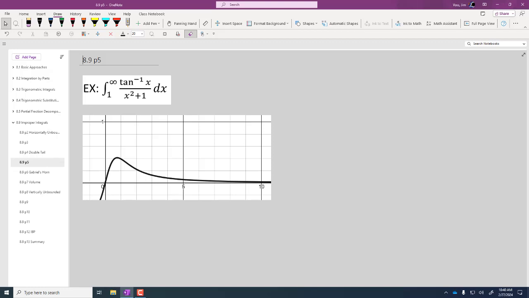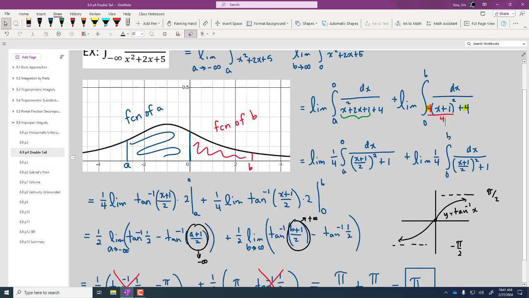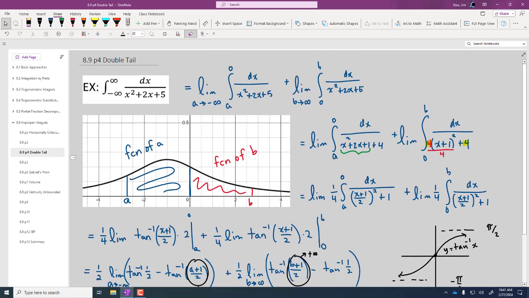Now, let me make one comment before starting this one. When we go back to this double tail one, we certainly can look at the graph, but let's think about the nature of the integral. We've talked about the tail having to approach the x-axis fast. The denominator is quadratic, and we already did 1 over x squared, which was finite. So if the nature of it is quadratic in the denominator, 1 over x squared is going to go to 0 fast enough.